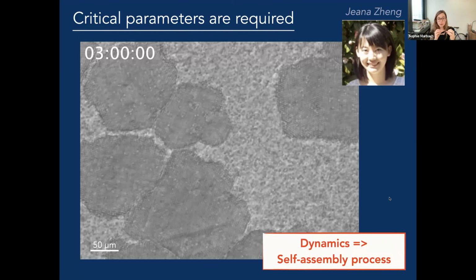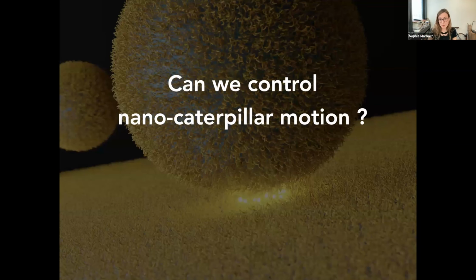So again, the underlying binding dynamics control here the self-assembly process. So hopefully I've convinced you and motivated the question that I'm interested in about these nanocaterpillars: can we understand and then ultimately can we control their motion from the microscopic understanding?